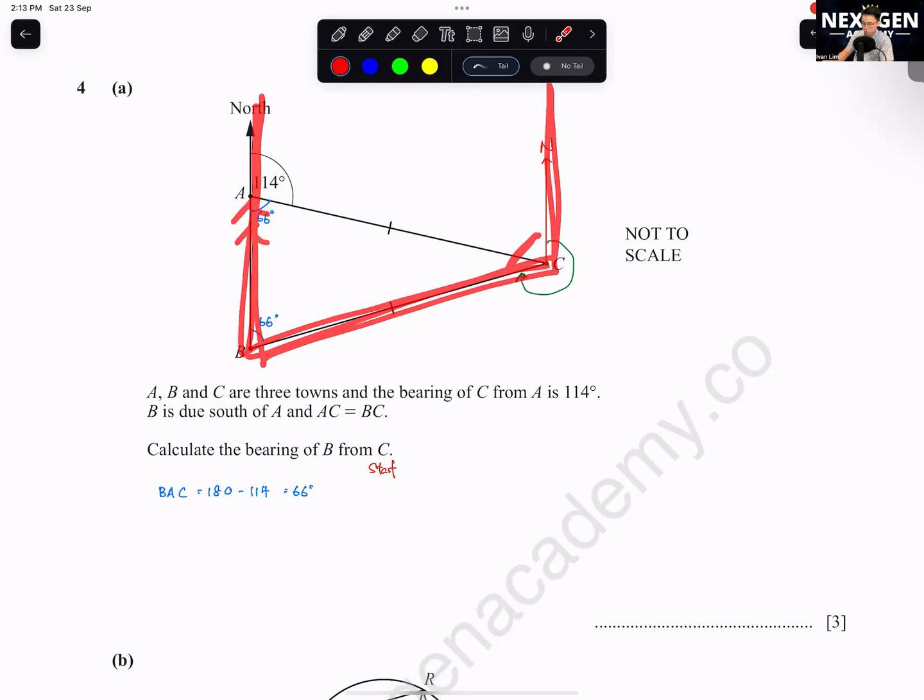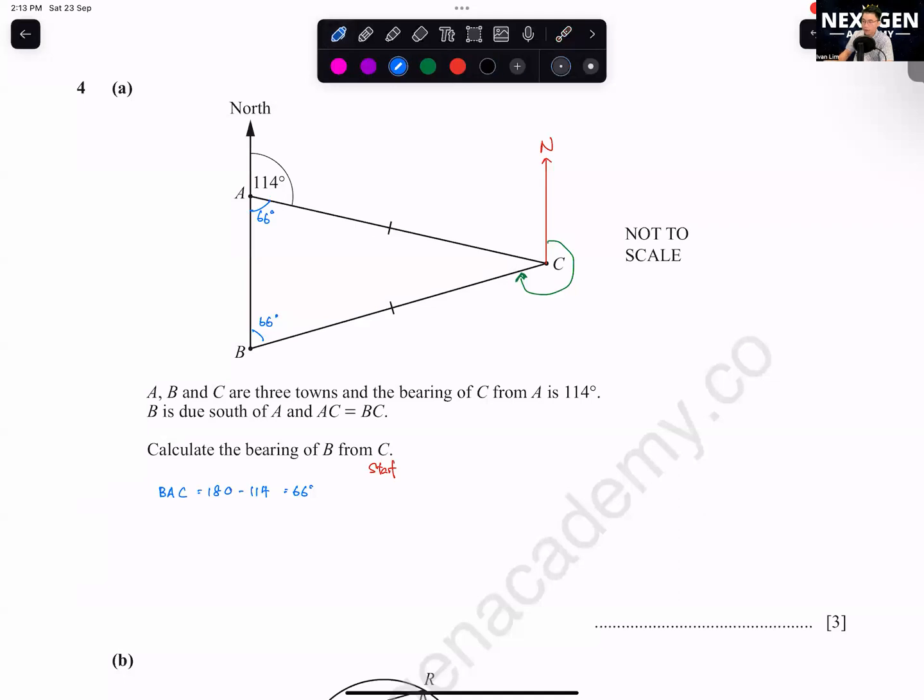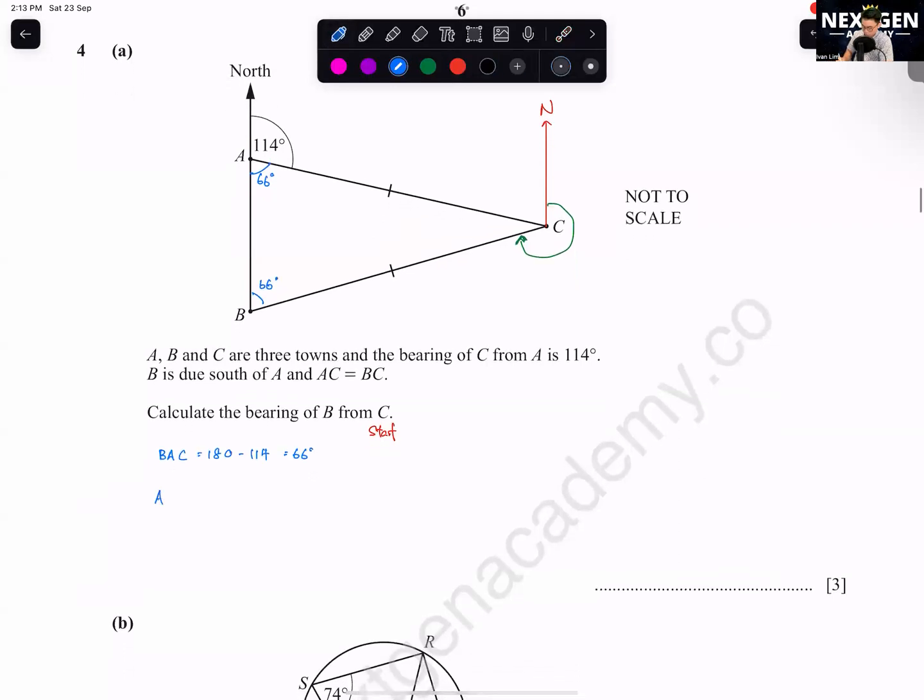I got two parallel lines, then a U shape like that. Co-interior angle means both of them add up to 180 degrees. So for me to find ACN, I will take 180 minus 66, which equals 114 degrees. So this whole part here is 114 degrees. Why? Co-interior angle.